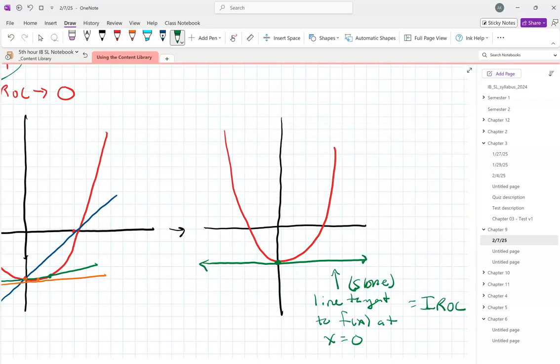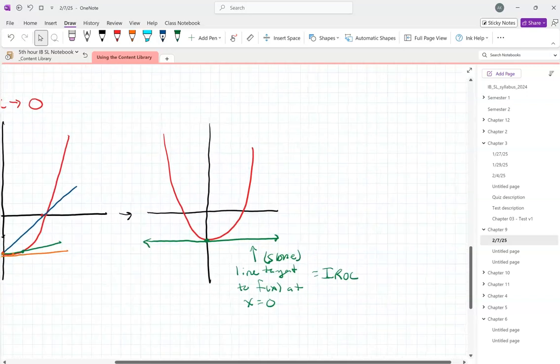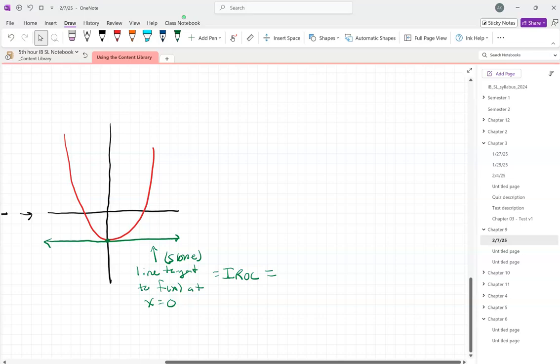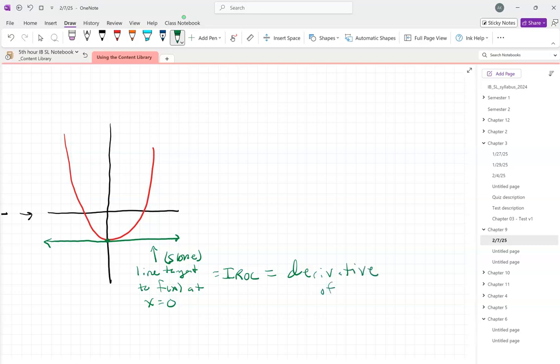Now, this is also going to equal something called the derivative of f of x at x equals 0.